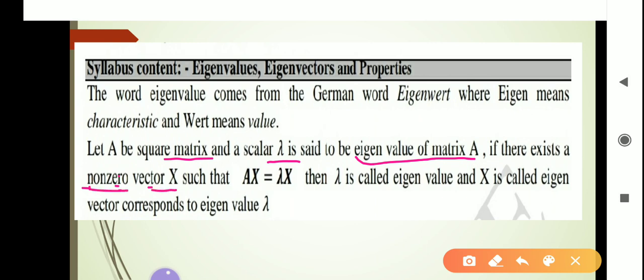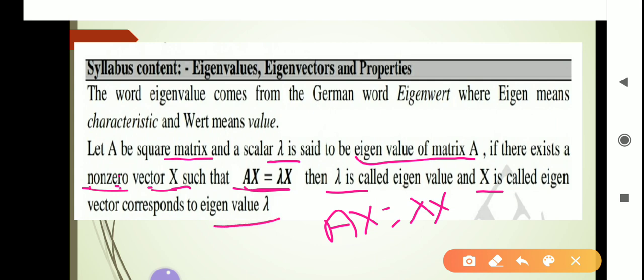If there exists a non-zero vector x such that Ax is equal to lambda x, then we can say that lambda is an eigenvalue of matrix A and x is the eigenvector corresponding to eigenvalue lambda. So an eigenvector is always a non-zero vector.